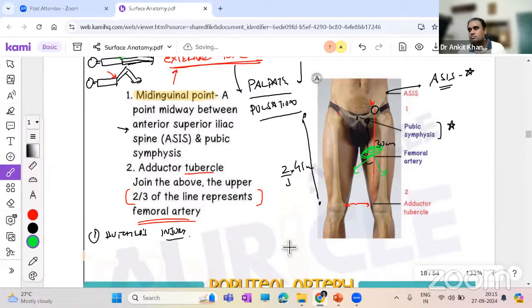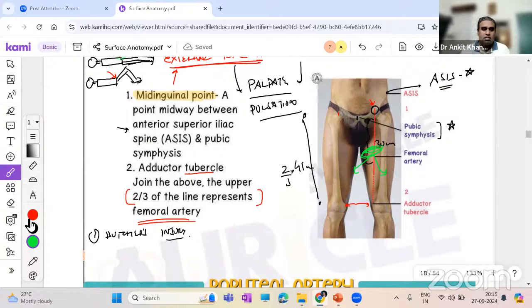And if the entire artery is damaged, it will be very hard to save the patient. Why? Because the patient is going to take at least 15-20 minutes or half an hour to reach the hospital or wherever the facility is. In that much time, the blood is going to come out, and due to the loss of blood, it will be very hard to save the patient. So you should know the femoral artery here.